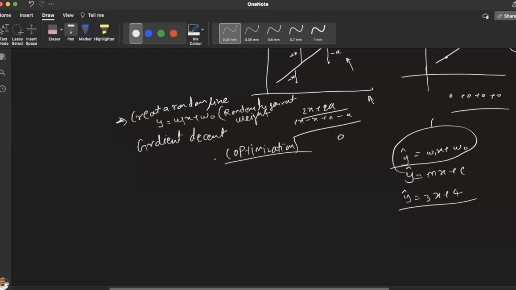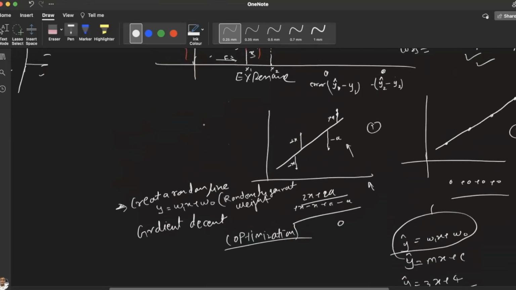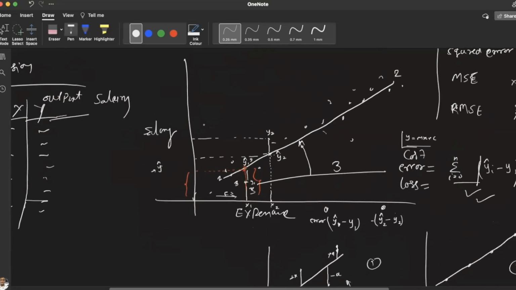Once we have got a line, W1x plus W0, then we have to change the values of W1 and W0. Let's say we randomly generated this line. Then we have to update its weights, let's say M and C, the coefficient and the intercept.